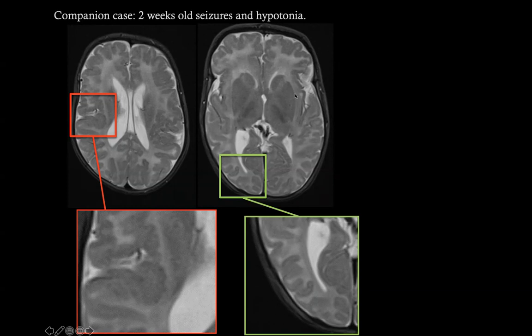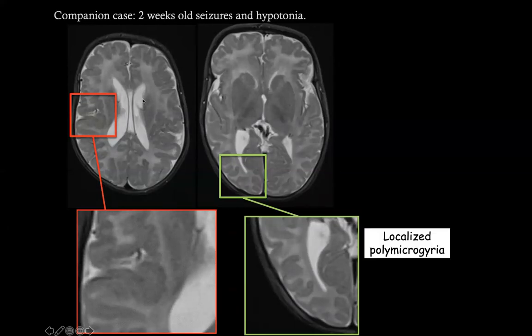And also, you remember in the first lecture, I told you a neonate's brain is normally unmyelinated, but should have at least the central part of the brain, the posterior limb of the internal capsule, myelinated. In this case, we can barely see myelination here in T2. So this is a hypomyelination with hypotonia, polymicrogyria, and I'm telling you, there are also some subependymal cysts.